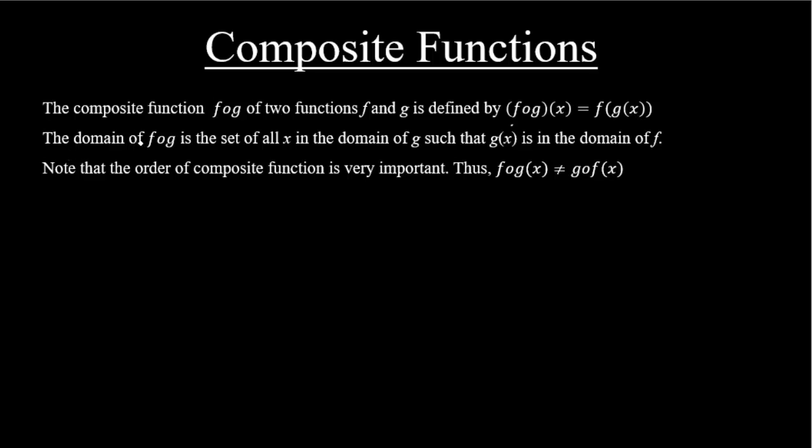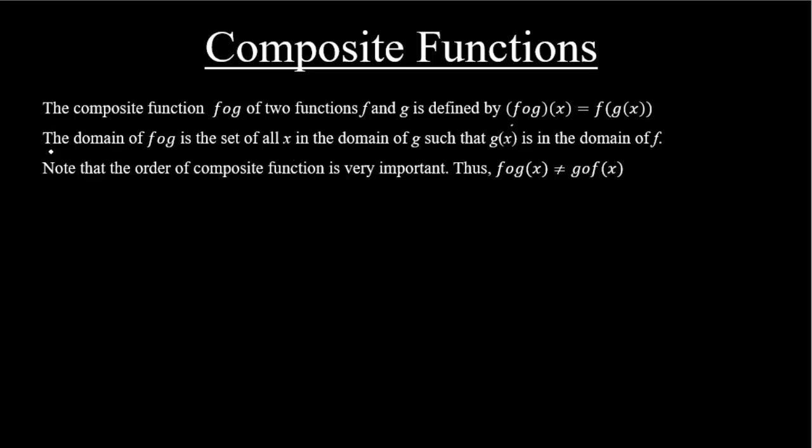The domain of f of g is the set of all x in the domain of g, such that g of x is in the domain of f. We need to note that the order of composite function is very important. Thus, f of g of x is not the same as g of f of x.